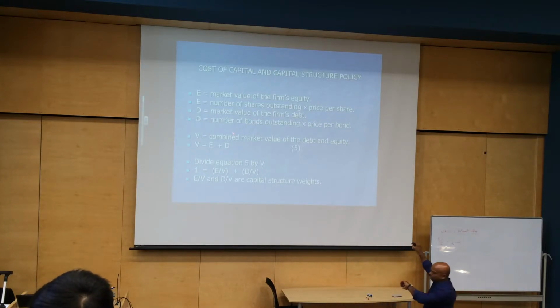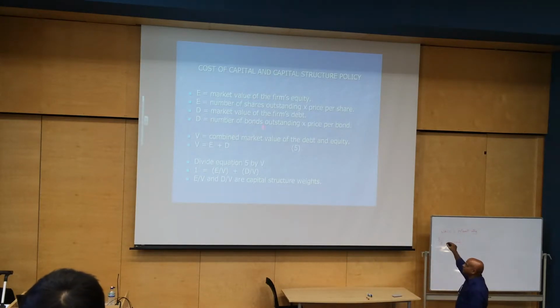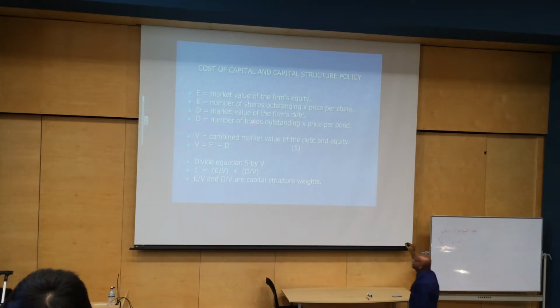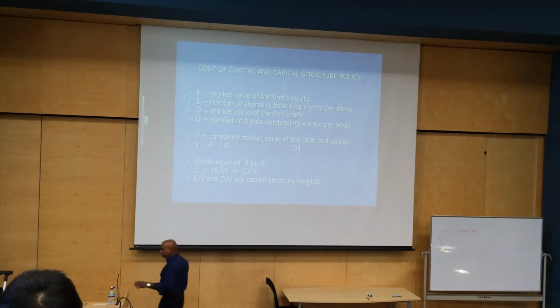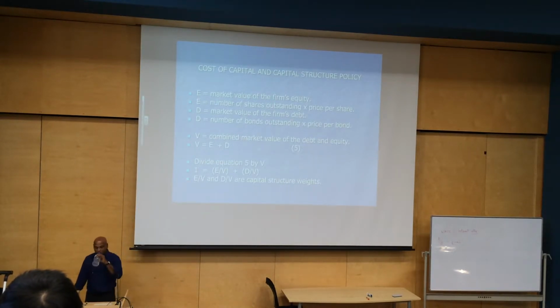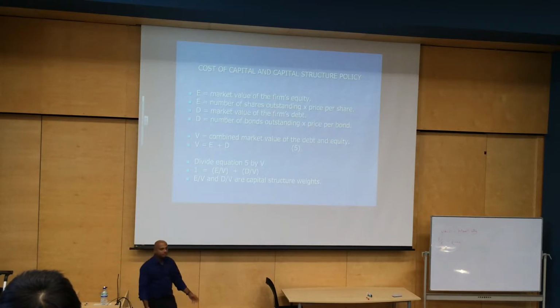D is the market value of the firm's debt: number of bonds outstanding multiplied by price per bond. What's the number of bonds outstanding? Same thing.